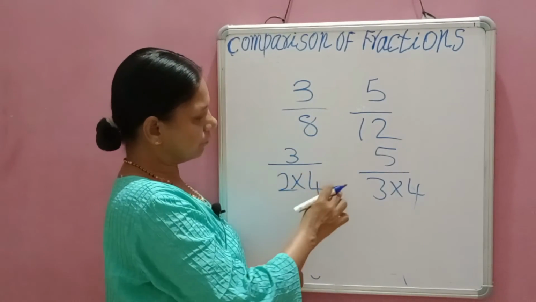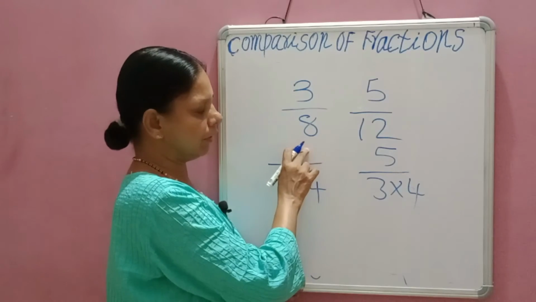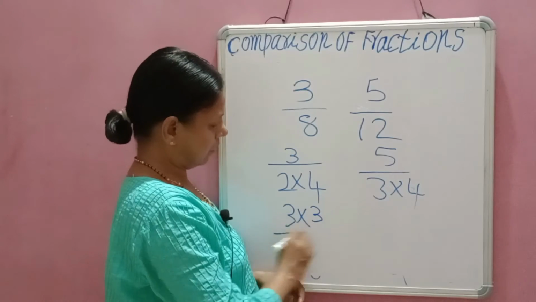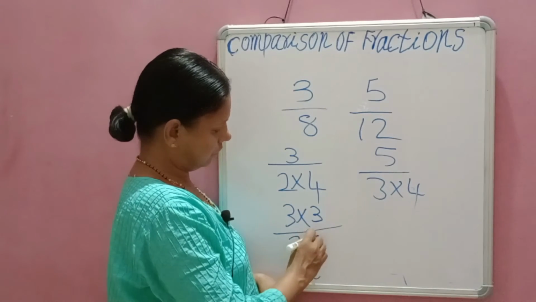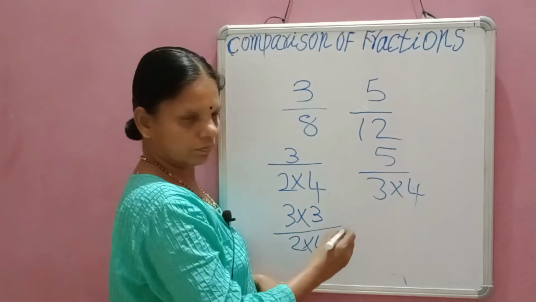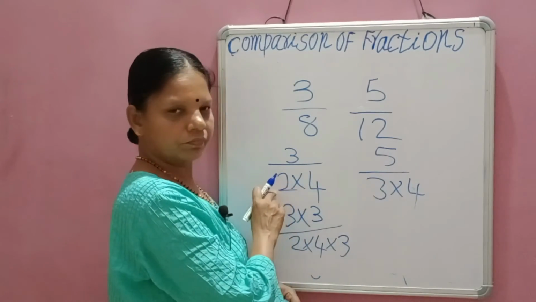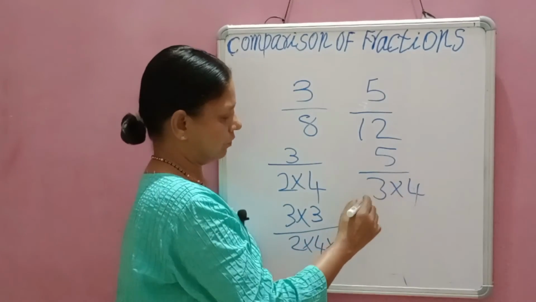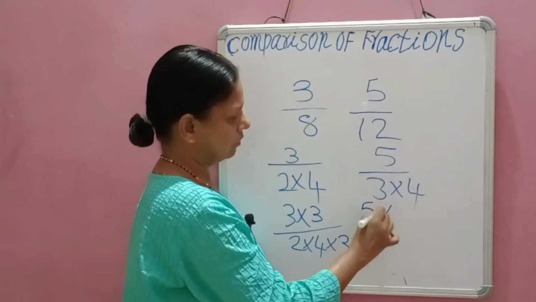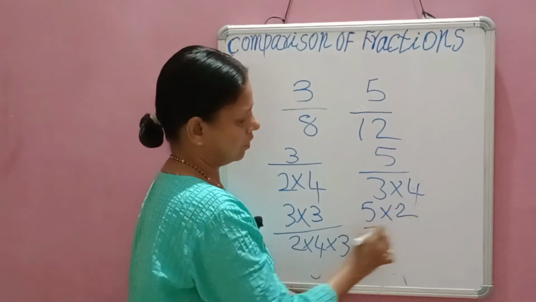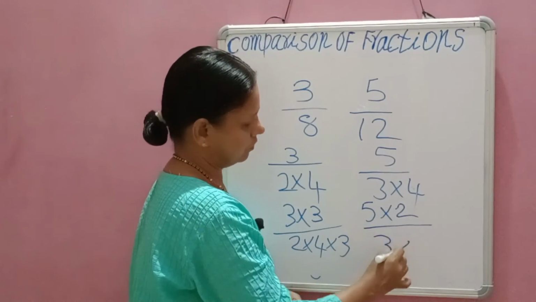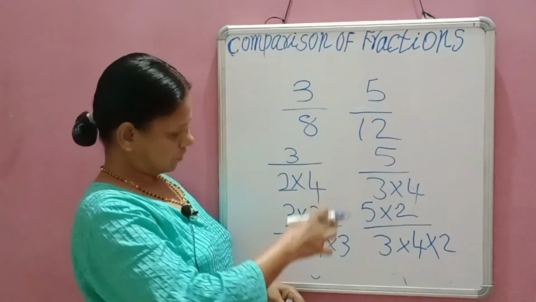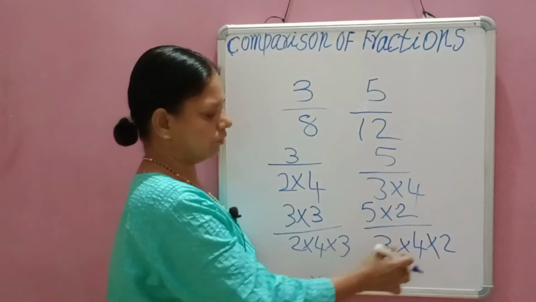So 3 into 3 upon 2 into 4 into 3. Here, the non-common factor of the first fraction is 2, and 4 is here. So 5 into 2 upon 3 into 4 into 2.